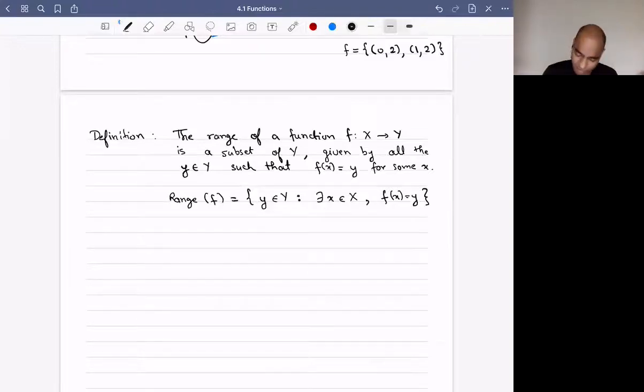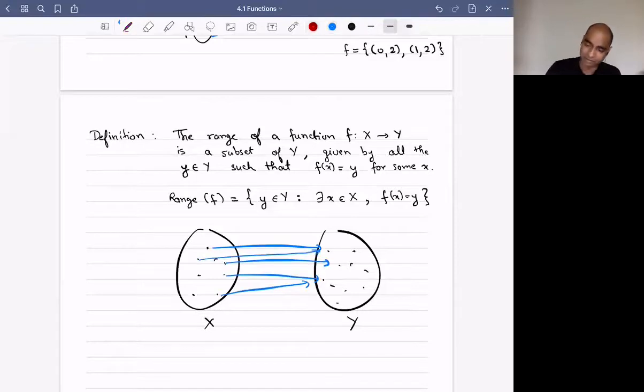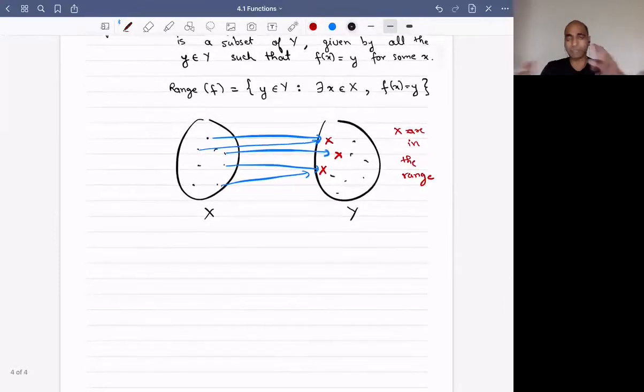And pictorially, if I had some domain x and some target y, and I have things like this, then these are in my range. And notice that this is a subset of y because I'm picking up elements of y.